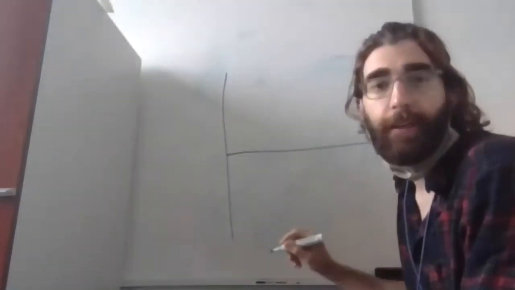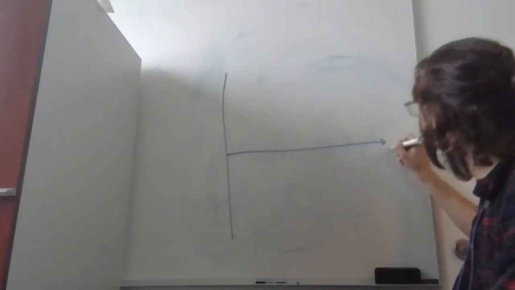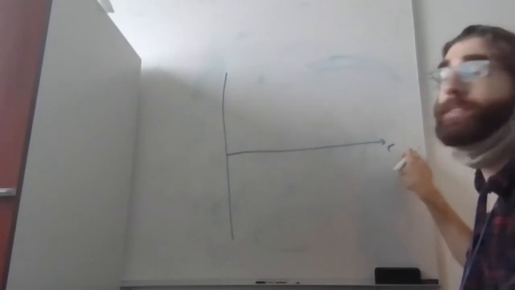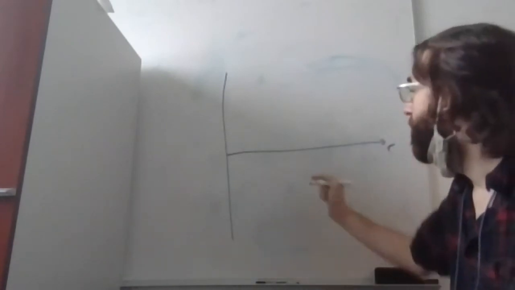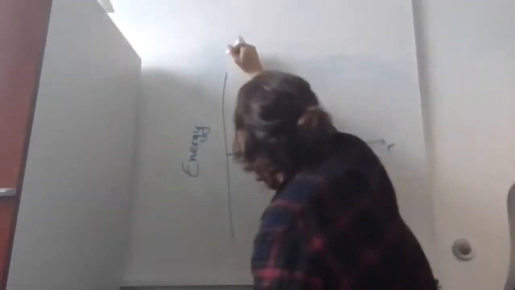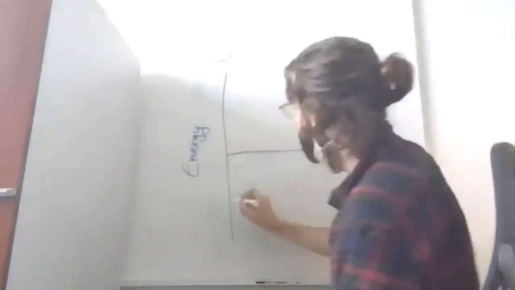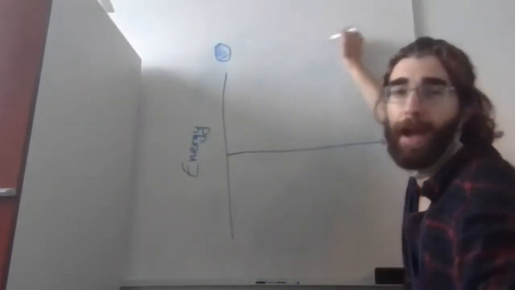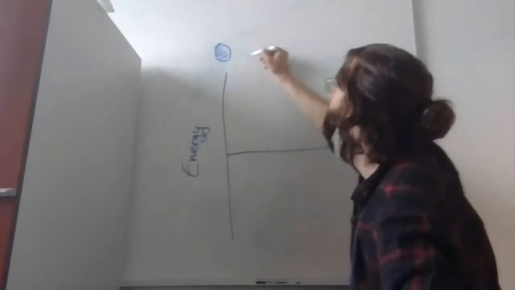It looks something like this. On the x-axis we have R, which is the space between two atoms, and on the y-axis we have energy. Atom 1 is going to be at position 0, and then we're going to place a second atom somewhere in this direction.